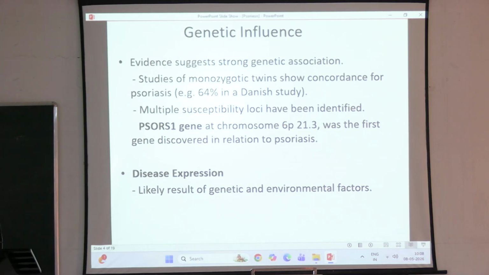Disease expression can occur in association with both genetic and environmental factors. Several genes have been implicated and it is a polygenic disease, but the most important gene to remember is the PSORS1 gene, found on the short arm of chromosome 6, the most common gene identified in psoriasis.